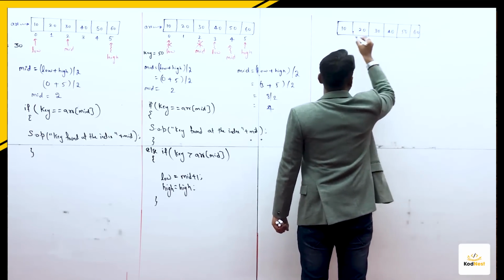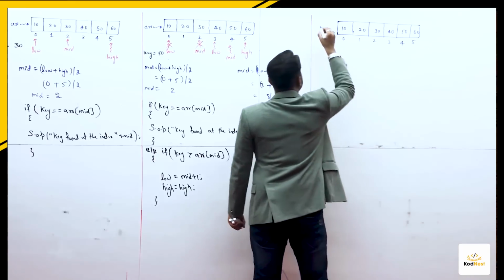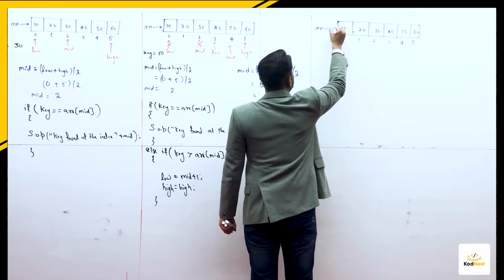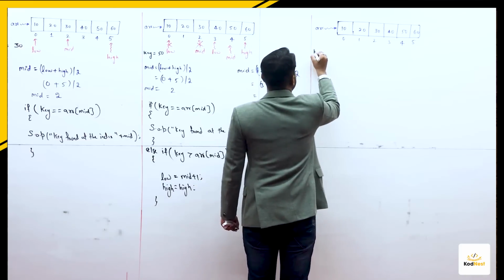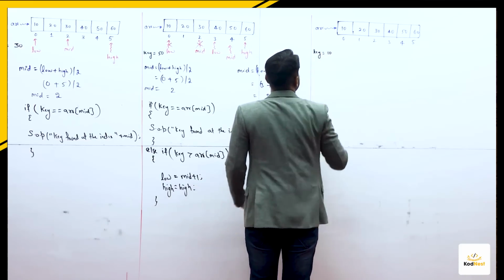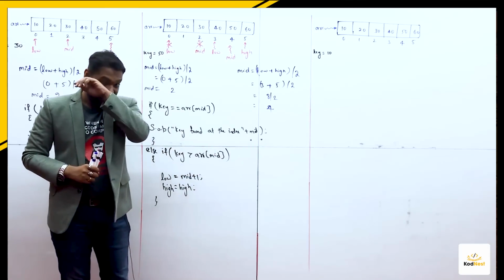Indexes also I will keep it same: 0, 1, 2, 3, 4 and 5. This is array ARR. Now the key, whatever I want to search, is 10.